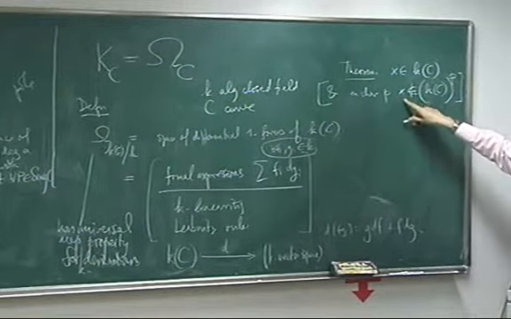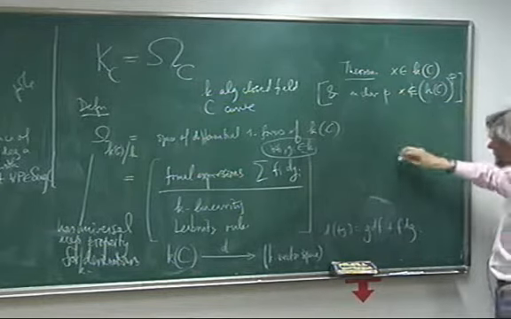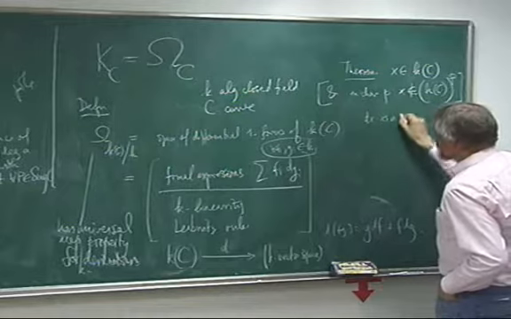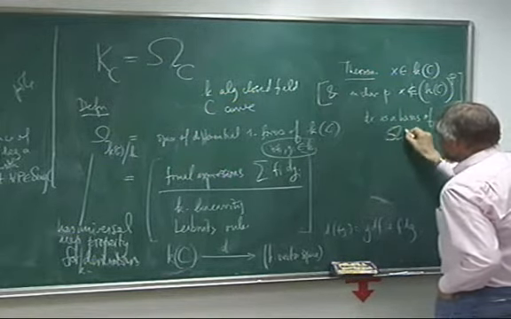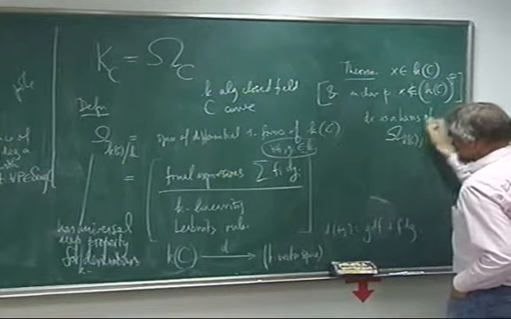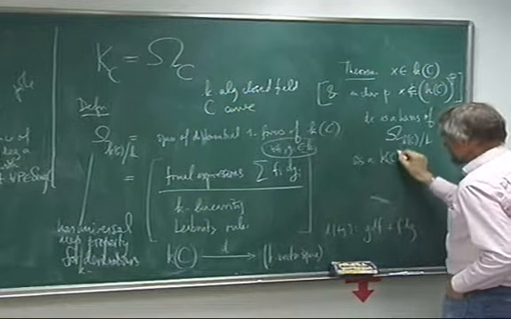I'm taking an x which is not a p-th power of an element of Kc if I happen to be in characteristic p, then dx is a basis of omega Kc over k. It's a basis as a Kc vector space.